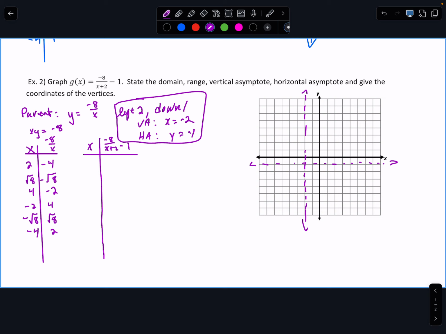So just go down the list of x values and subtract 2. You get 0, you get root 8 minus 2, you get 2, you get negative 4, negative root 8 minus 2, and you get negative 6. Just drop all of those x values down by 2 because you're going left 2. Subtract 2 from x. And then you need to go down 1 for y, and so subtract 1 from y.